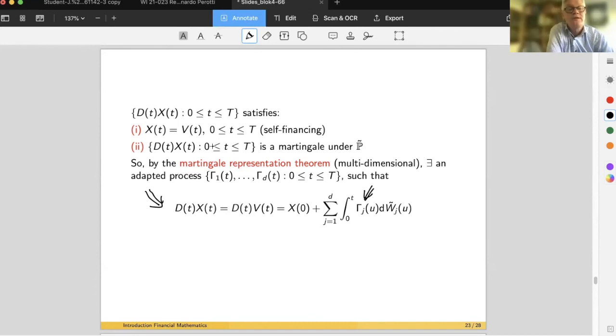Now that is important. Before, when I ran so quickly through the slides, because we did that a couple of video lectures ago, we have seen another expression for this discounted portfolio process.